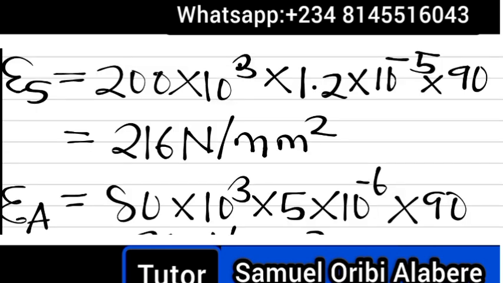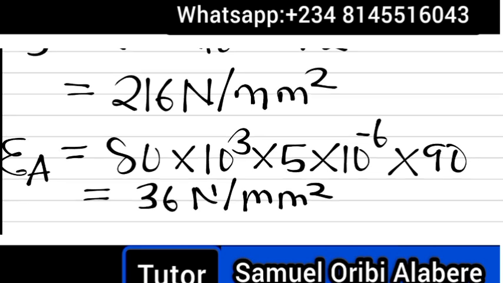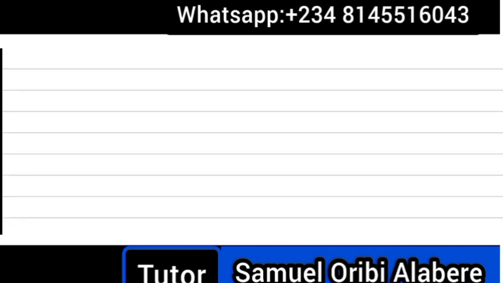We should take note that this 1.2 times 10 raised to power minus 5 is still the same thing as 0.000012 as we stated in the earlier part of the video. Similarly, the linear expansivity of aluminium is still the same thing. The only difference is we substituted the standard form value for the two linear expansivities. So now we are going to look for the final stress in the steel bar and aluminium cylinder.